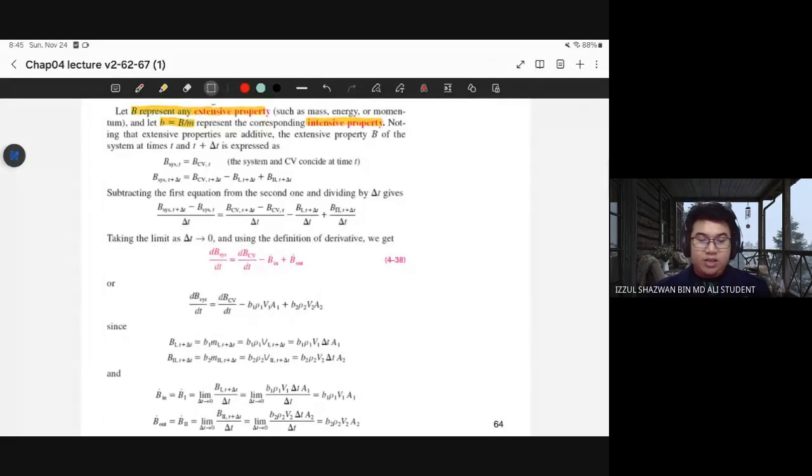Next, we can expand the equation to become this equation. Then we subtract the first equation from the second equation and divide by delta t, and we get this equation.